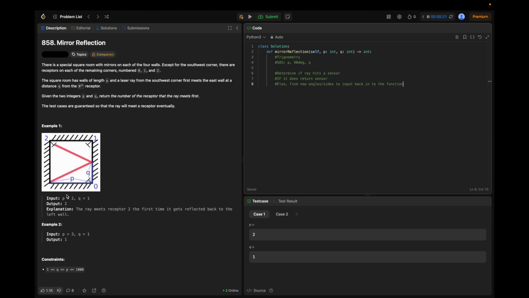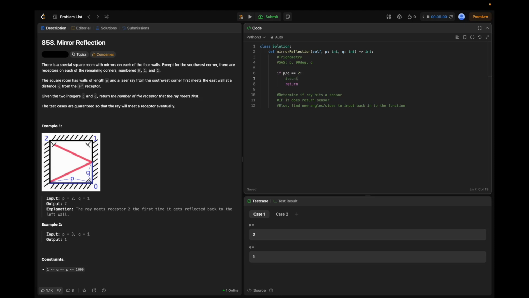Okay, I can pretty easily say it will hit a sensor if P divided by Q is equal to 2, right? So put that down. If P divided by Q equals 2, I guess the integer, oh no. Return, oh, how do I forget the actual sensor I hit? Okay, let's assume there's some count going on.